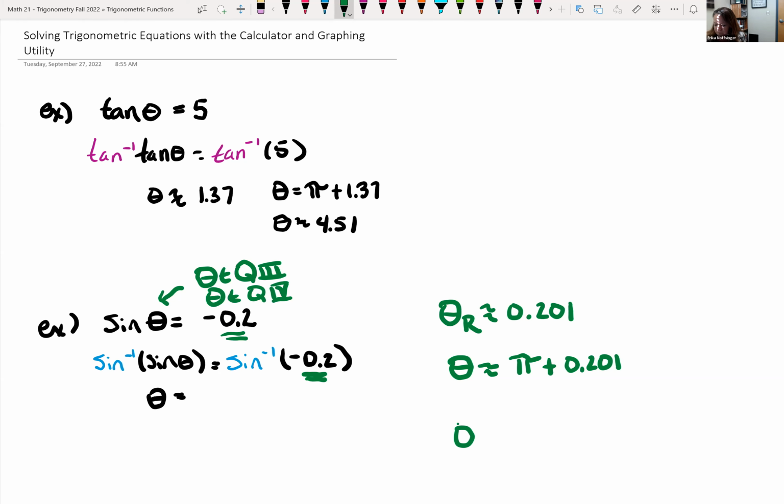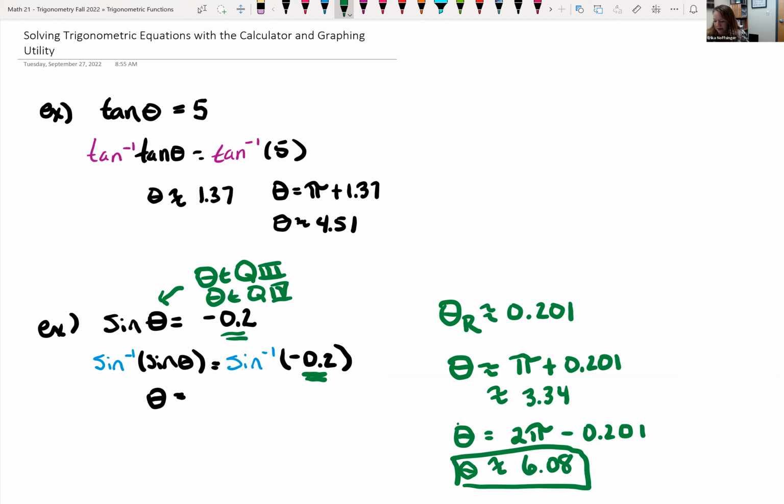And to get into quadrant 4, I would look at 2 pi minus my reference angle, 0.201. If you plug that into the calculator, we get back approximately 3.34, and we get back approximately 6.08. So we have two values of theta. Plug it into the calculator, and it gives back approximately negative 0.2.